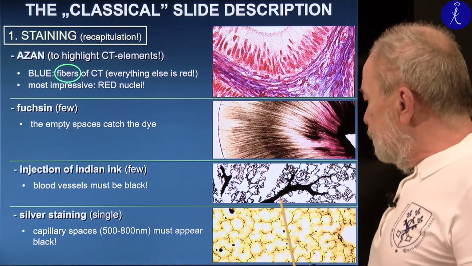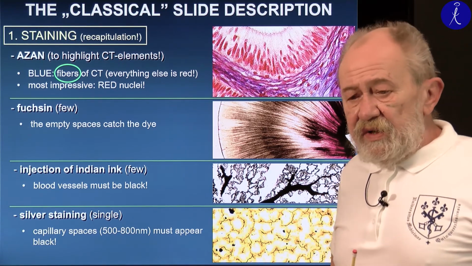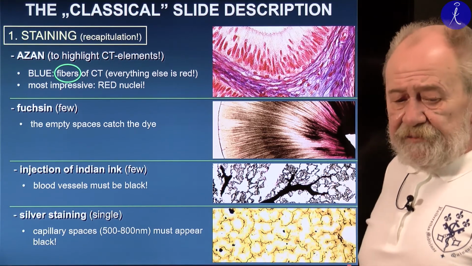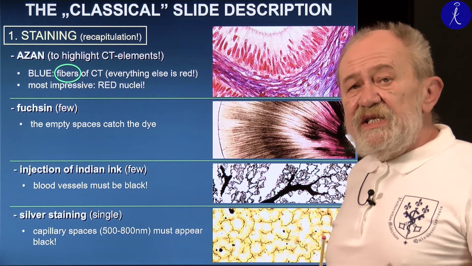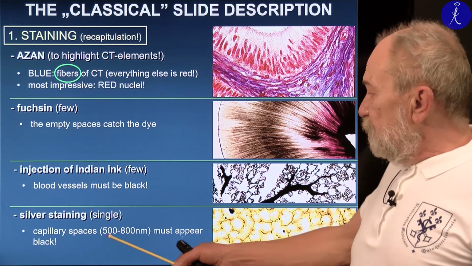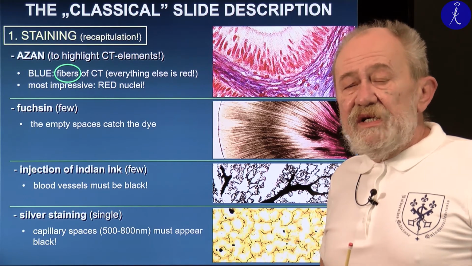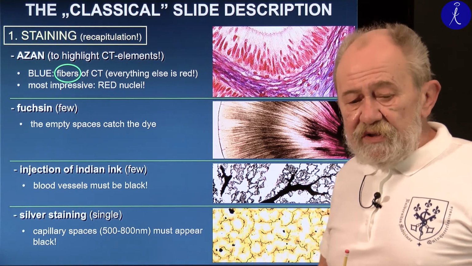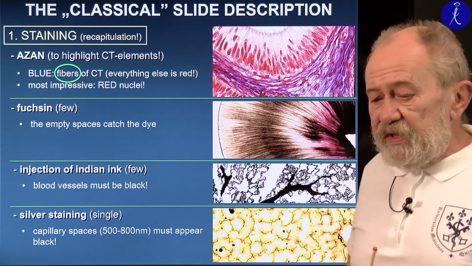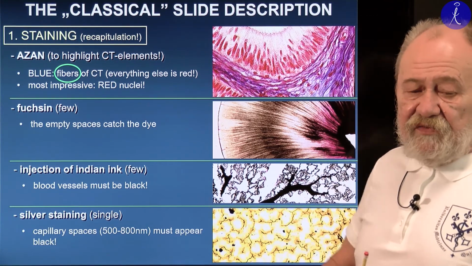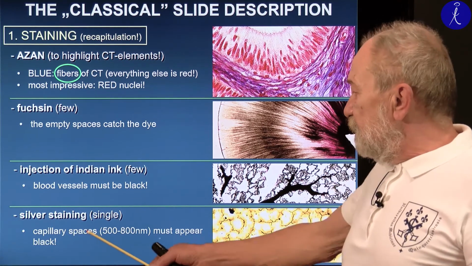The slide is washed thoroughly, so everywhere where it is possible the silver nitrate is washed out, and where it remains, it sticks into spaces, into capillary spaces with a very small diameter where the silver cannot be washed out. So the slide is developed, a physical developer is applied, and metallic silver precipitates in these capillary spaces.